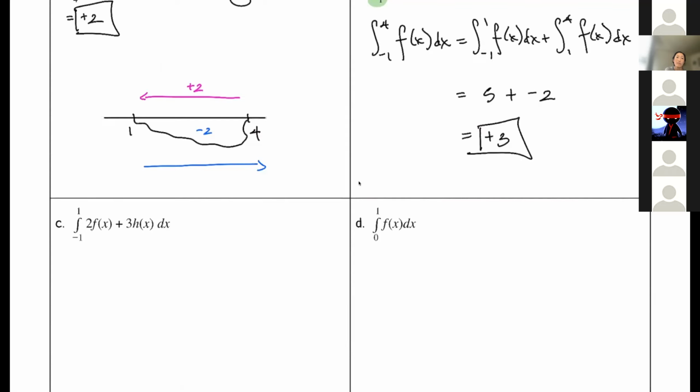Okay. So we've got a scalar multiplication and interval addition, and the addition, yeah.